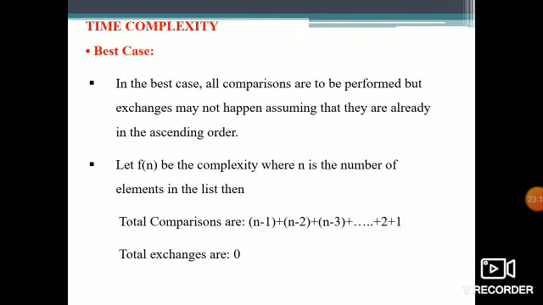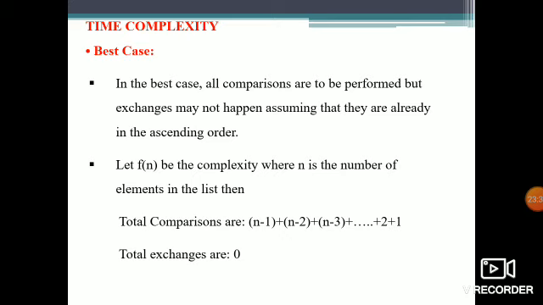The best case means all the comparisons are performed but exchanges may not happen, assuming the elements are already in ascending order. If they are in ascending order, there is no need to swap. If not, then swapping will be done. So that is the best case.